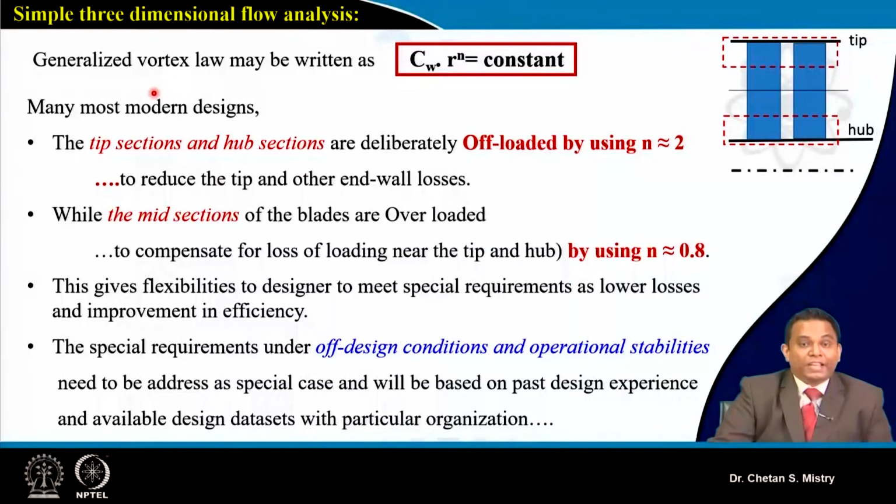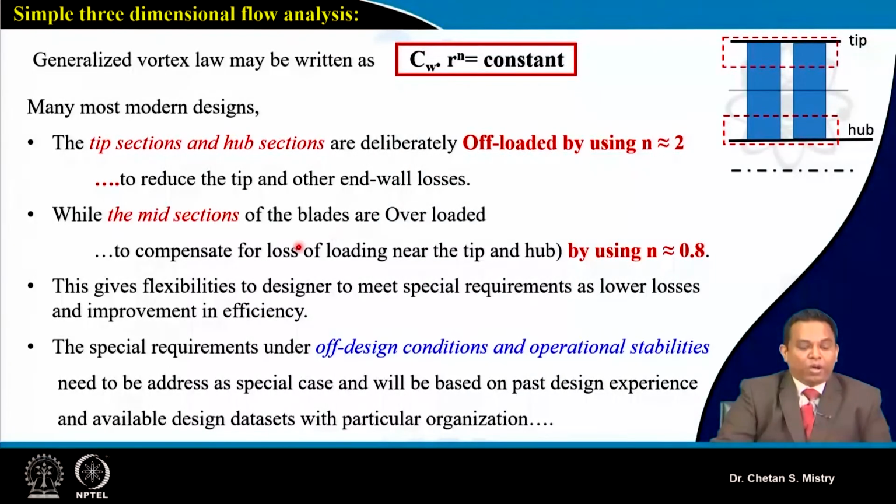We will see exactly how we do the calculation for the free vortex part. Now, it says that for most modern designs, the tip section and hub section are deliberately offloaded by using n equal to 2, as we were discussing earlier. The reason is to minimize the tip and end wall losses, so near the hub and tip regions we use n equal to 2.